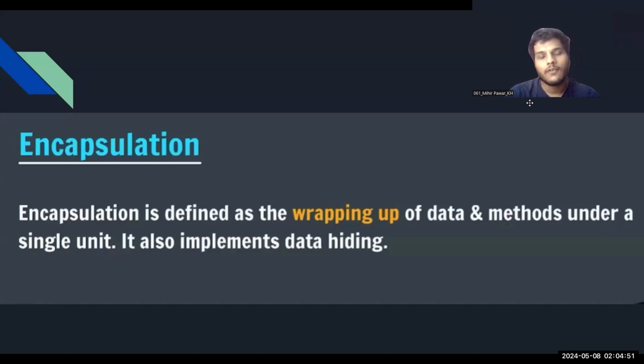Now let's see our first pillar of object-oriented programming, that is encapsulation. Forget the definition for now. What do we see in encapsulation? We can see a capsule. So let's create a capsule. In a capsule there are small granules, and all this medicine is encapsulated in this capsule.